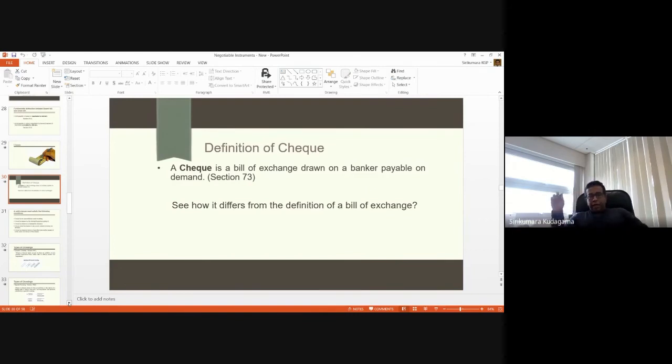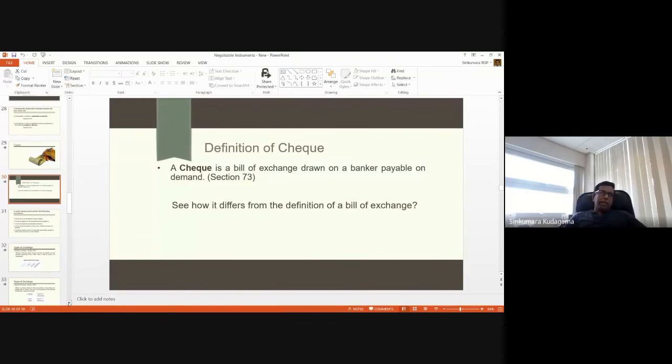Now section 73 defines a cheque as a bill of exchange drawn on a banker payable on demand. You will see some sort of a connection. The definition of a cheque gives reference to a bill of exchange.